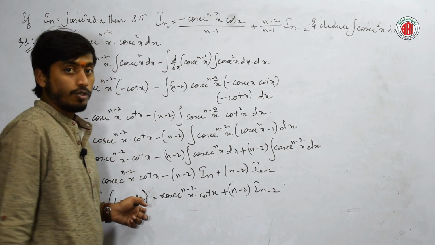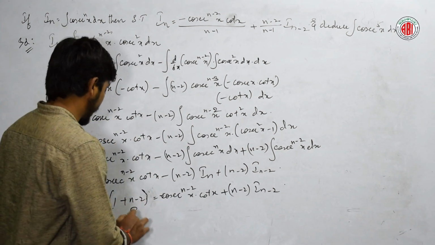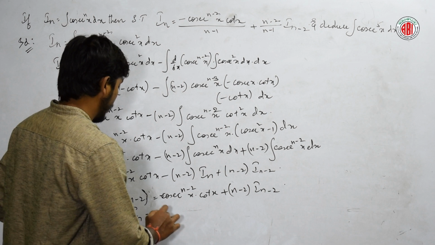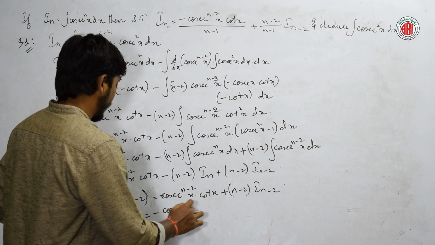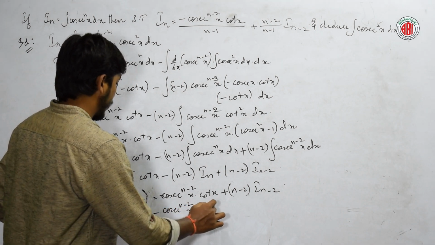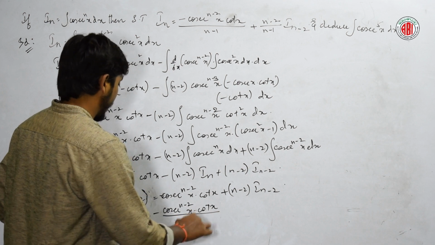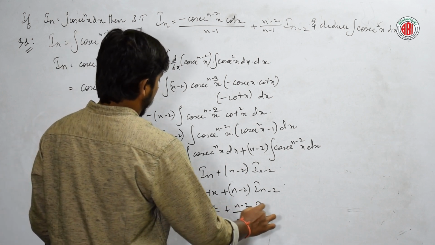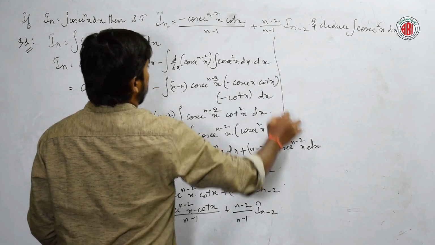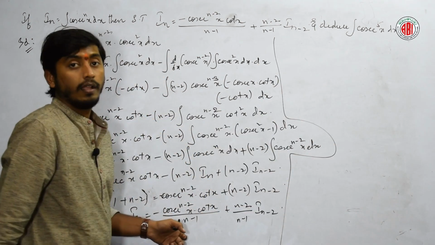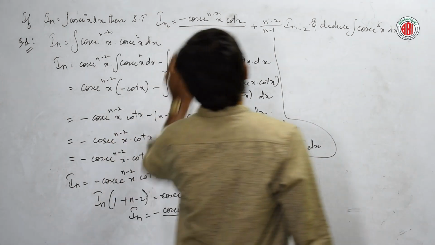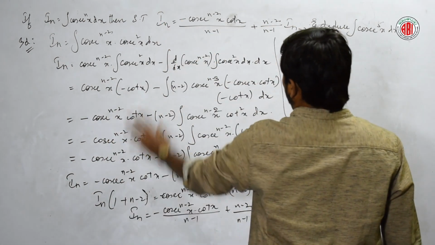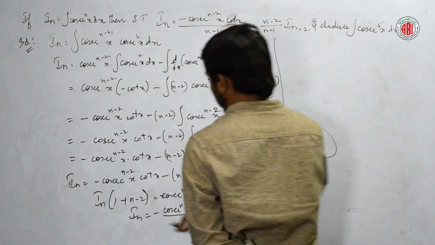What is 1 plus n minus 2? That is nothing but n minus 1. So, I will get I n is equal to minus cosecant power n minus 2 x cot x by n minus 1 plus n minus 2 by n minus 1 I n minus 2. Clear? Is it fine? This is the reduction formula for integral cosecant power n x dx.